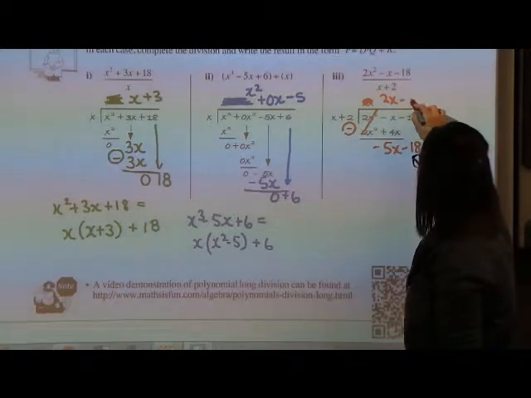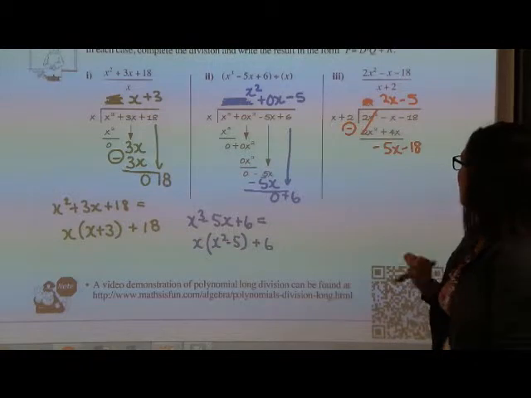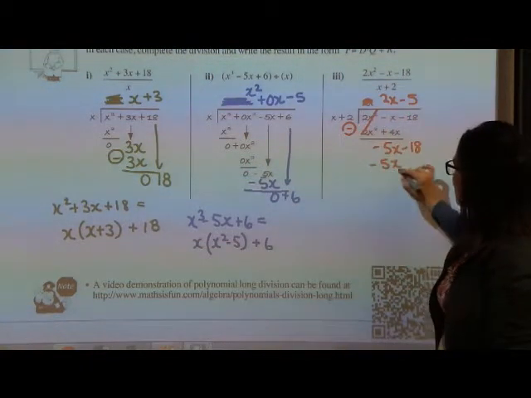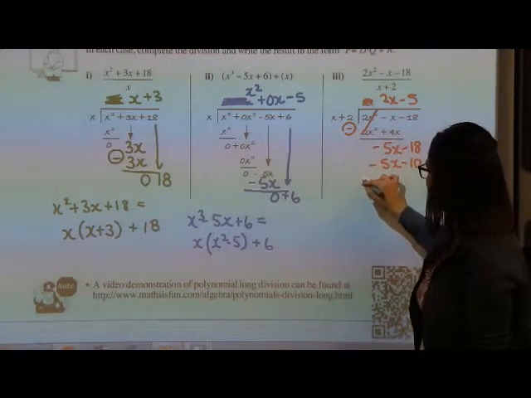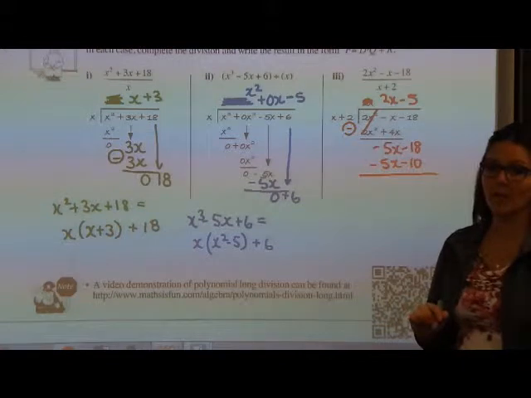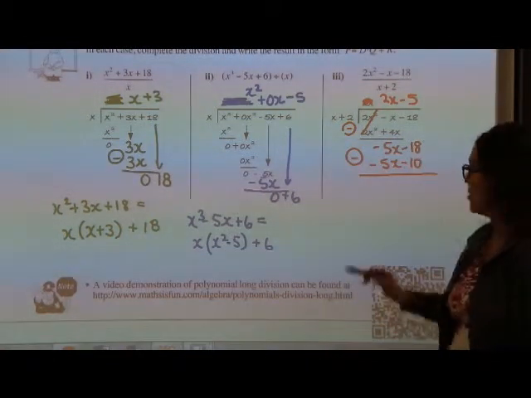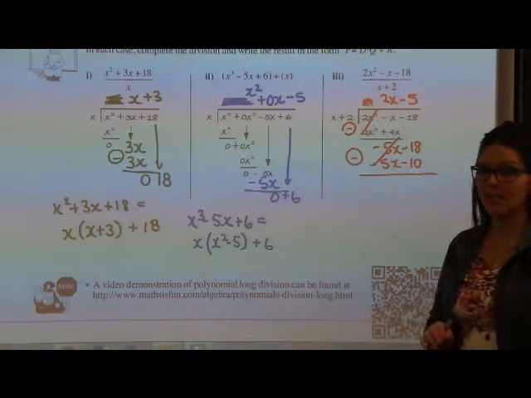Negative 5. So when I multiply this through, I get negative 5 times x, negative 5 times 2. So I get negative 5x minus 10 when I multiply that binomial by negative 5. I'm subtracting. So when I subtract, the negative 5x's will eliminate each other.